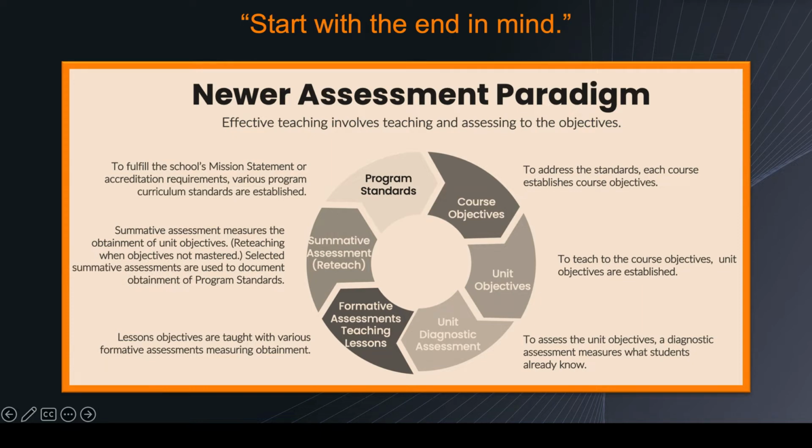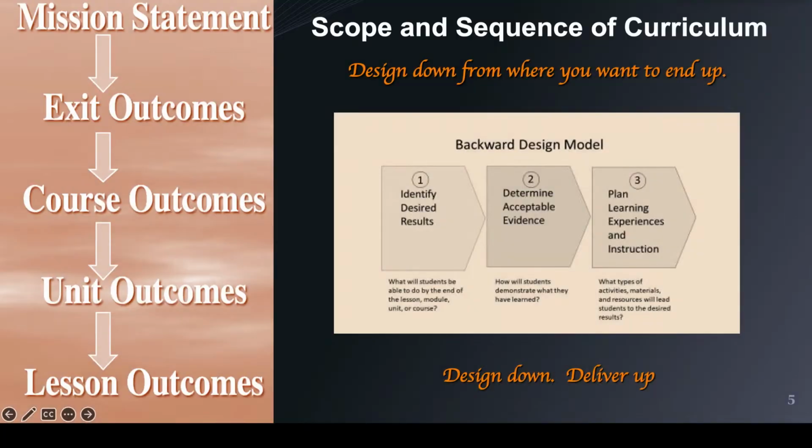And then finally, after you felt that 80% of the kids could get 80% of the material correct, you went with your summative assessments to see if you obtained the unit objectives. And if you didn't, you retaught it so that a majority of the kids would master that before you moved on. And so it was a cycle, a new assessment paradigm that asked teachers to make sure that all kids were learning.